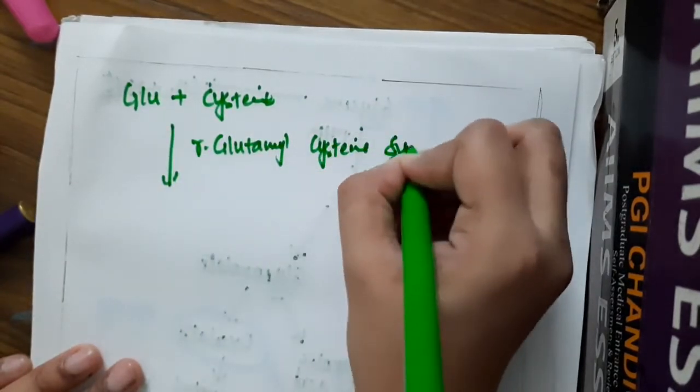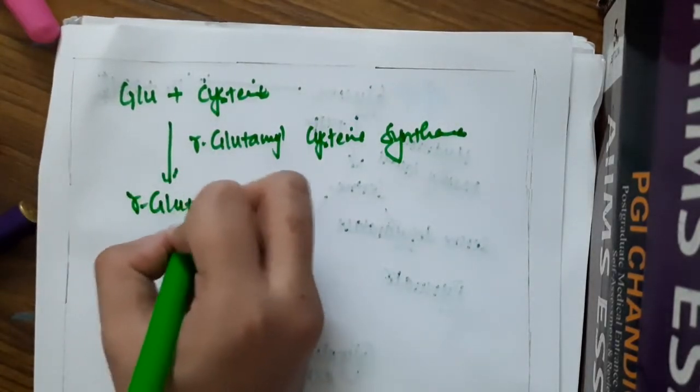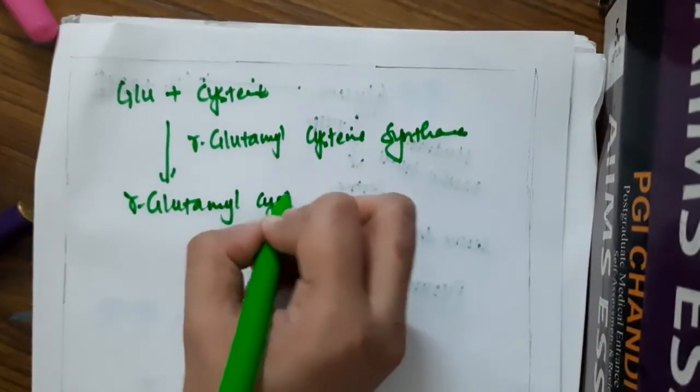Glutamate along with cysteine, in the presence of gamma glutamyl cysteine synthase, forms gamma glutamyl cysteine.